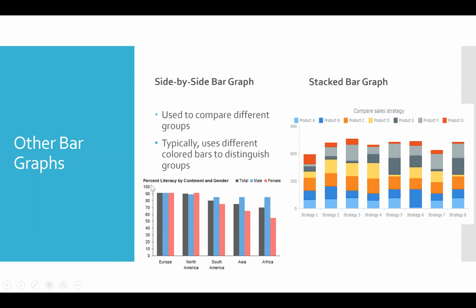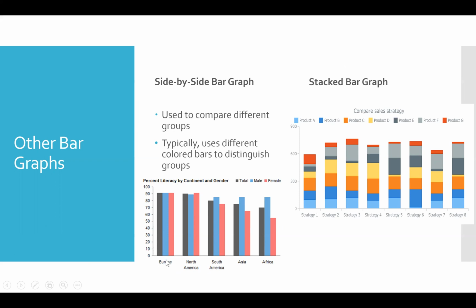And this is the percent literacy by continent and gender. They don't label it across the bottom here, so that's maybe a problem, but it does indicate in the title that these are continents, and the values on the vertical are percentages.